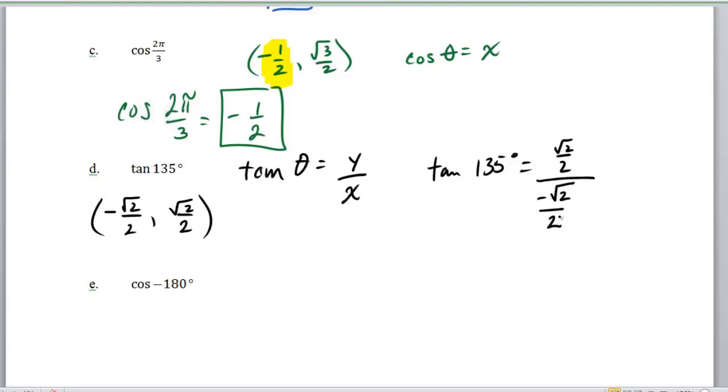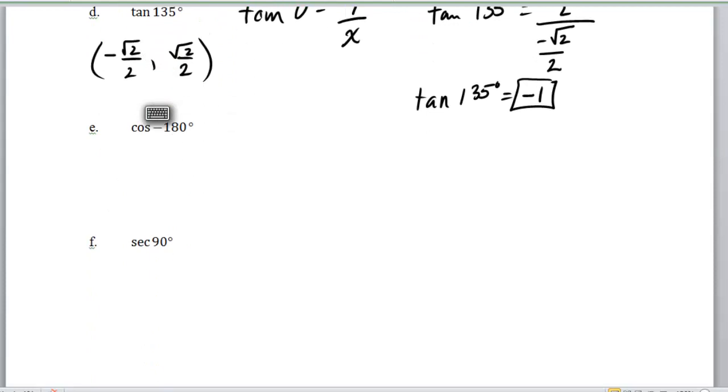Now, for those of you who don't remember how to do this operation, you basically multiply by the reciprocal, which creates a canceling out effect here, leaving us that the tangent of 135 degrees is going to equal negative 1.